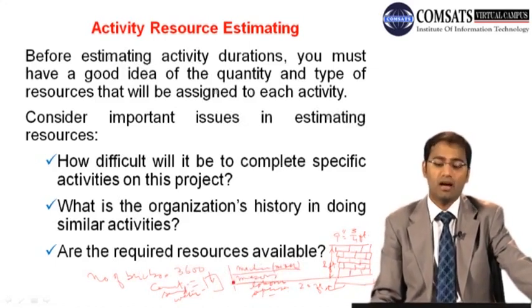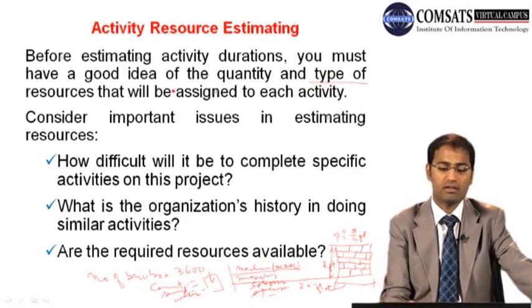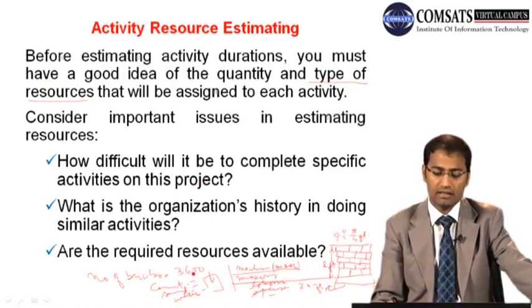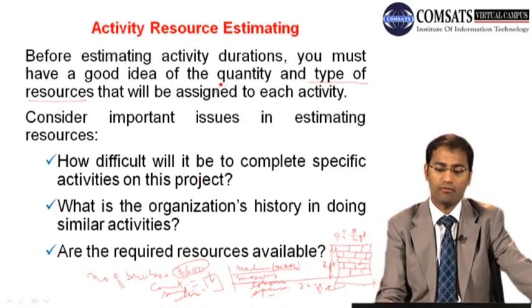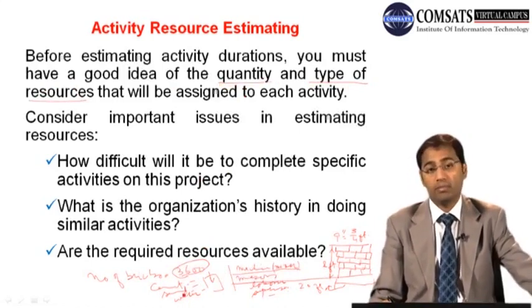So you see, we are doing this part of definition, type of resources, and the quantity, let's say we have calculated the quantity of bricks, okay? Now there is a very important part.